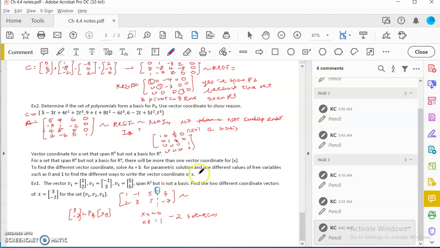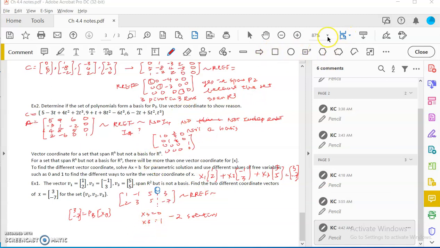So you are trying to see x1 times (1, 2) plus x2 times (-1, 3) plus x3 times (5, 5), and somehow we'll get (3, -7). It is as if you're solving a system of equations using the augmented matrix. If you do RREF, you will get a parametric answer.